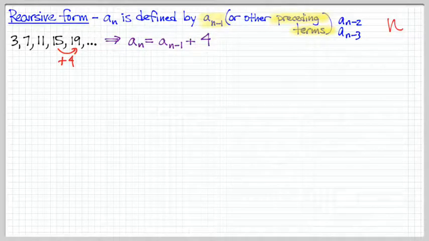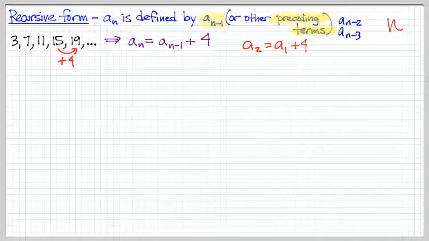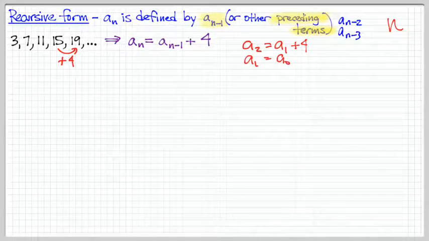But we have a problem here because, say I want to find a2. a2 is equal to the previous term a1 plus 4, but what's a1? Well, a1 is equal to a0 plus 4, but what's a0?